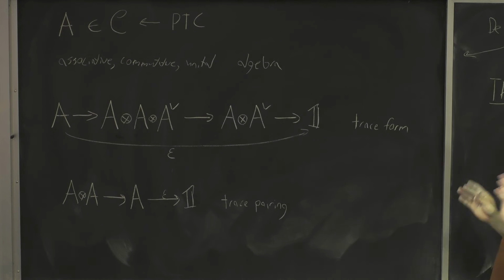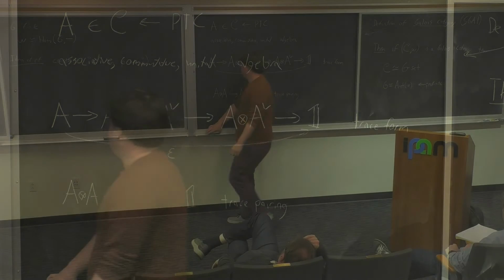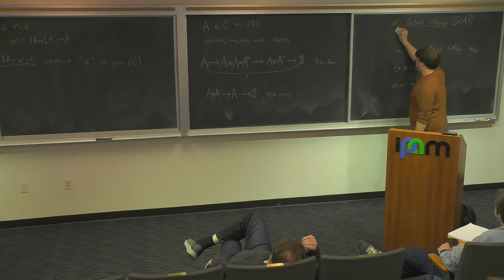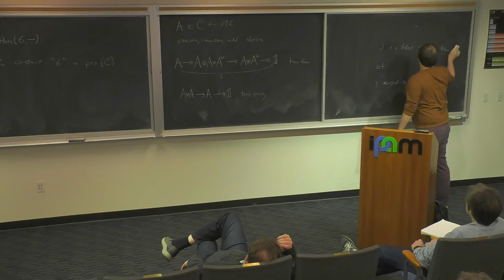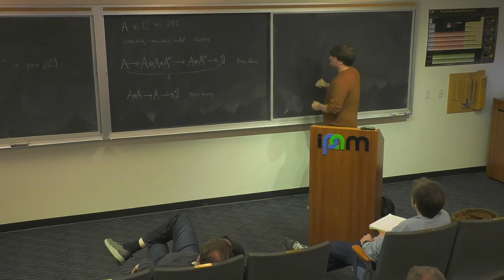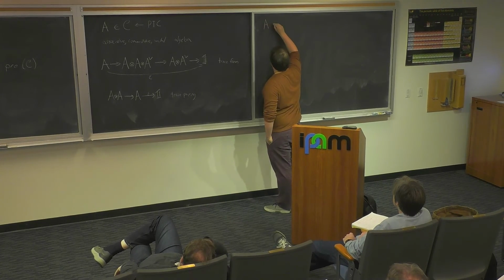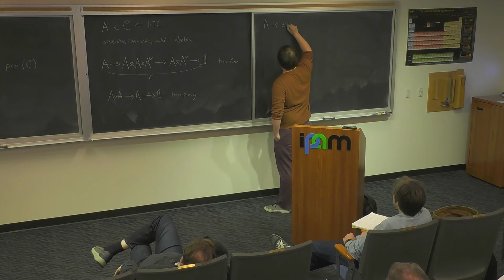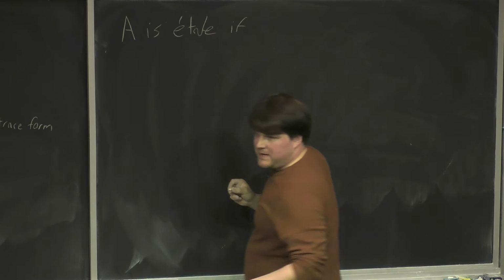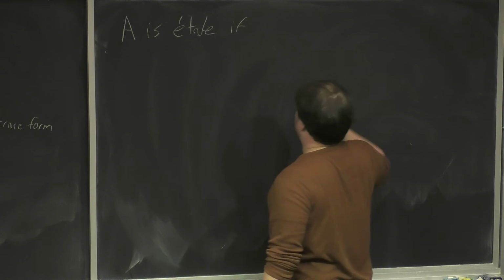But I'm going to assume everything's rigid, so we always have this, and then I'm going to say that an algebra A is étale if this pairing is non-degenerate, if it's a perfect pairing.